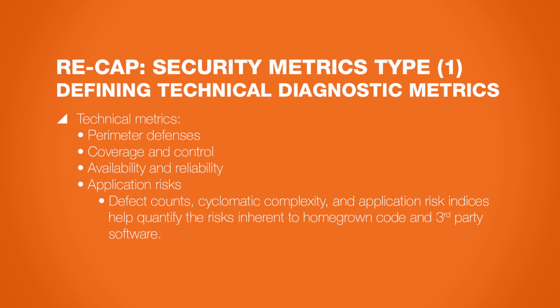From this section, we'll look into the last category, application security metrics, that can be used to quantify application risks, such as defect counts, cyclomatic complexity, and application risk indices, which help quantify the risks inherent to homegrown code and third-party software.